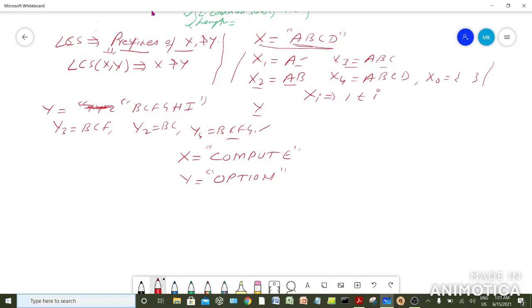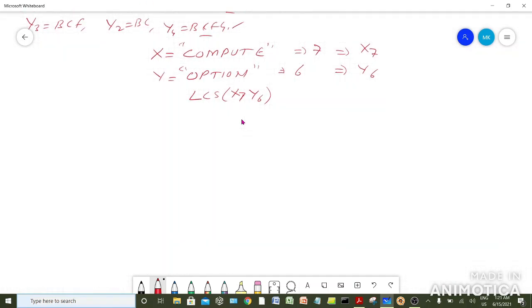The length of X is equal to 7, the length of Y is equal to 6, or you may say that X can be written as X7 and Y can be written as Y6. So what we need to find is the LCS of X7 and Y6.